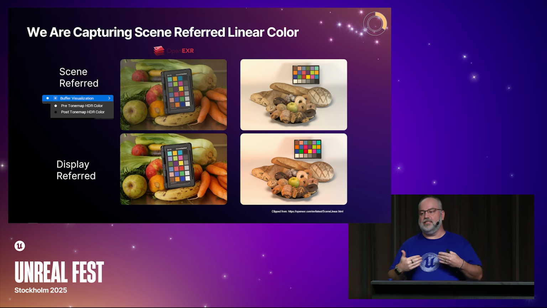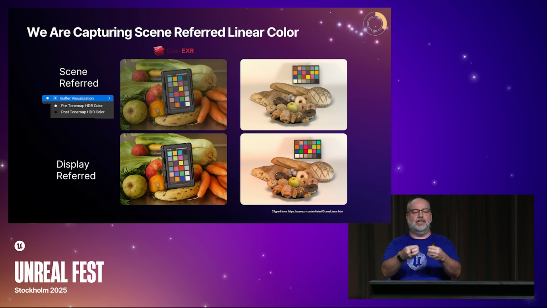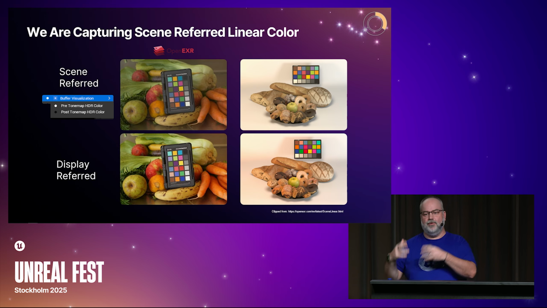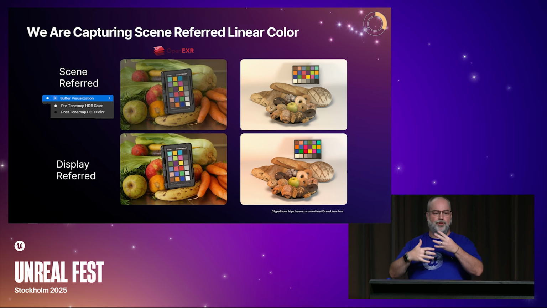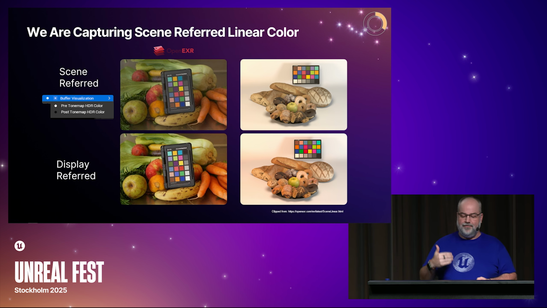The display has its own color, but the scene should be what the light is in the real world or in the raw linear Unreal values. It's kind of like doing that conversion in post. It's like when you hear post-processing and adding all this bloom stuff and all these color shifts. That's all working on top of the scene referred color.